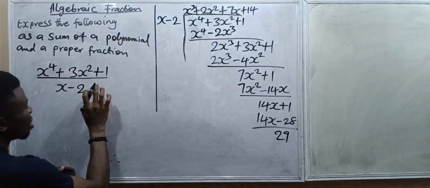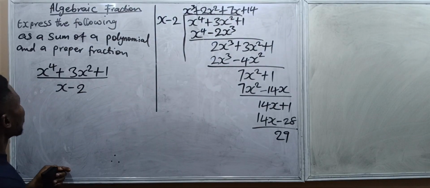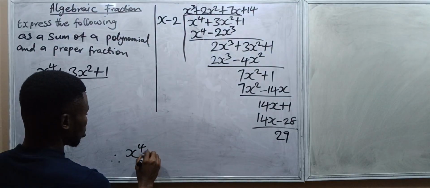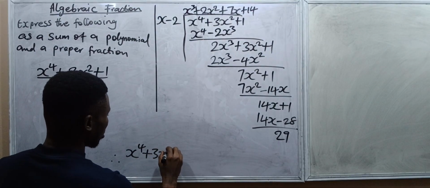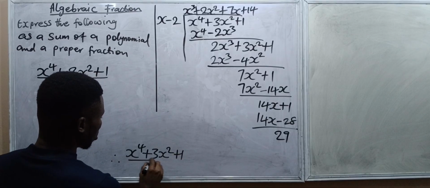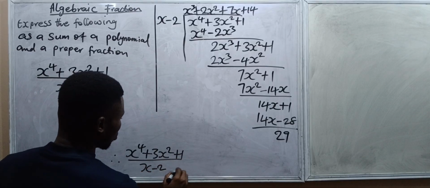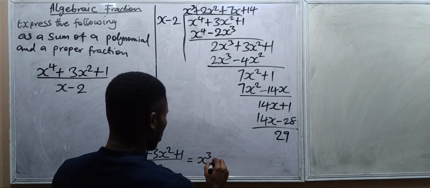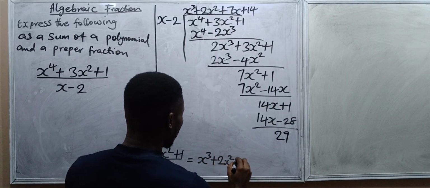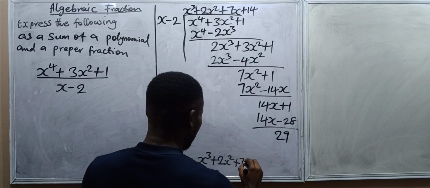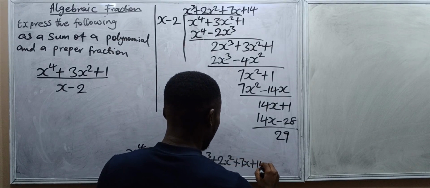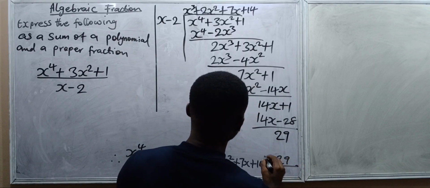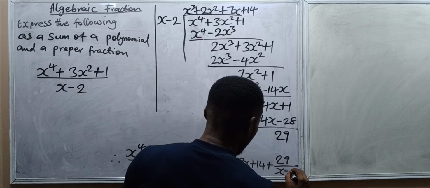Therefore, as a polynomial and proper fraction, this which is x to the power 4 plus 3x squared plus 1 all over x minus 2 is equal to this, which is x cubed plus 2x squared plus 7x plus 14, and then plus the last one, which is 29 over x minus 2.